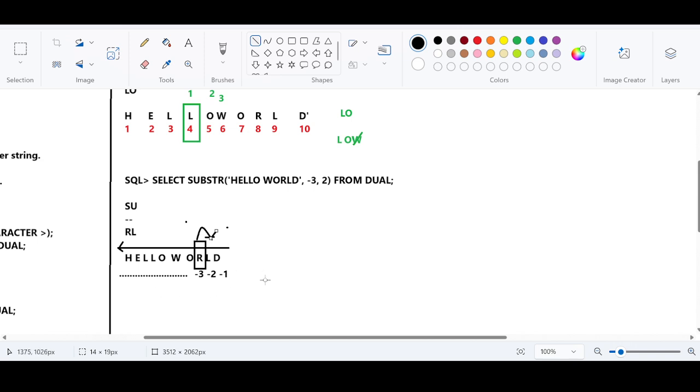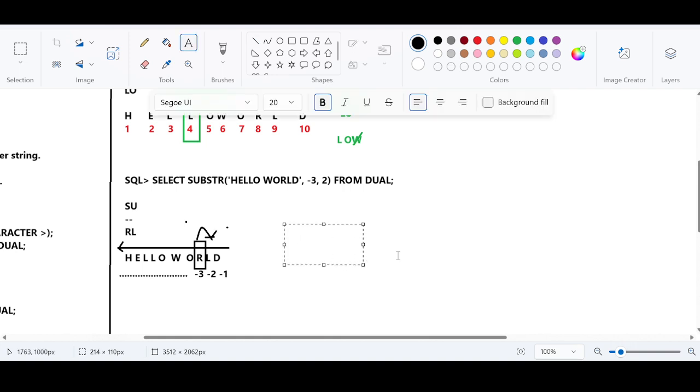Length is being counted from left to right, but catching the position starts from right to left when you use the negative sign. For the positive sign, left to right.